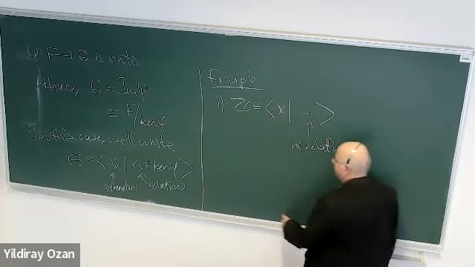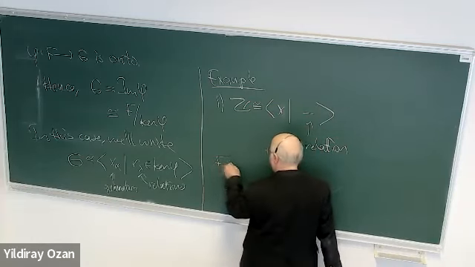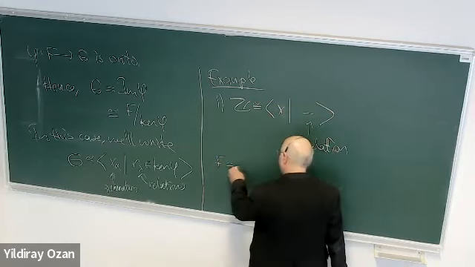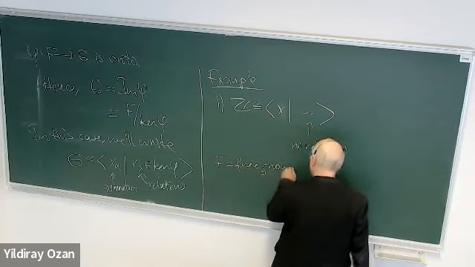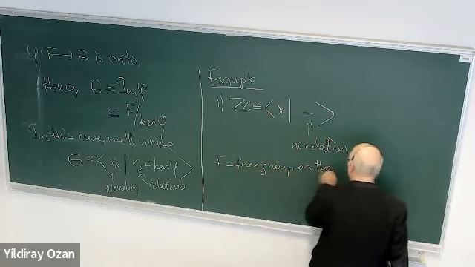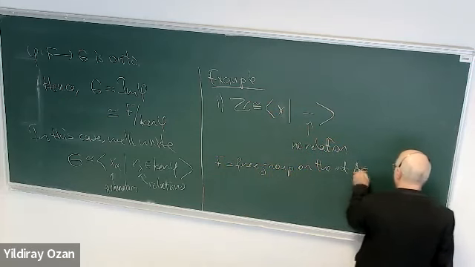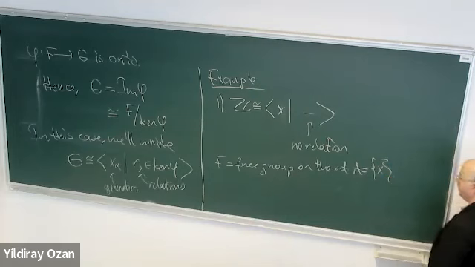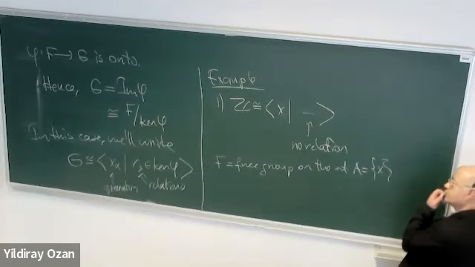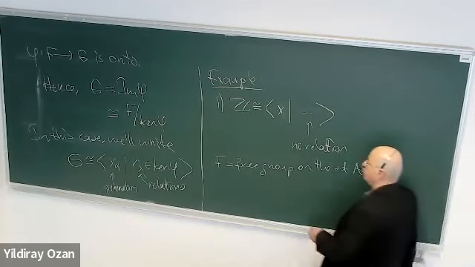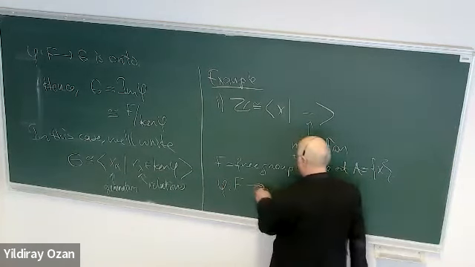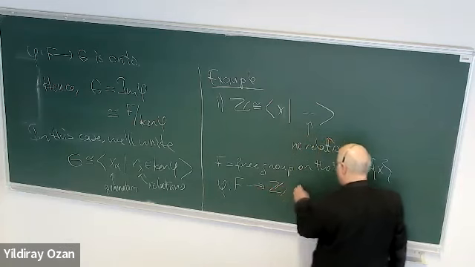Here, I take F, the free group on the set A, which is just the one element set consisting of X, and the homomorphism from F to Z is the following.